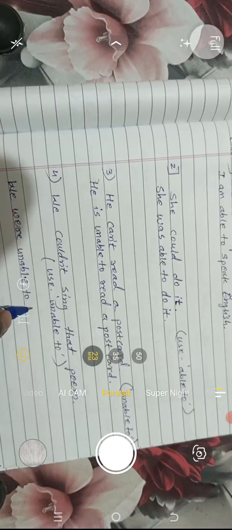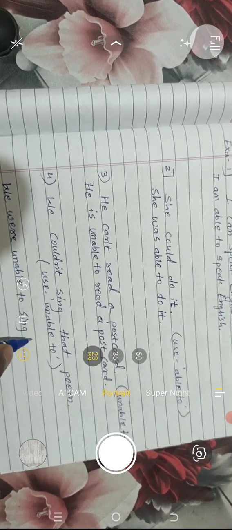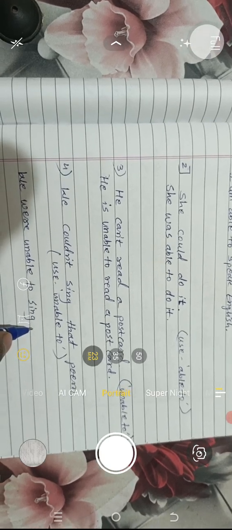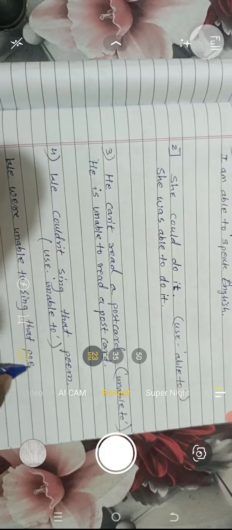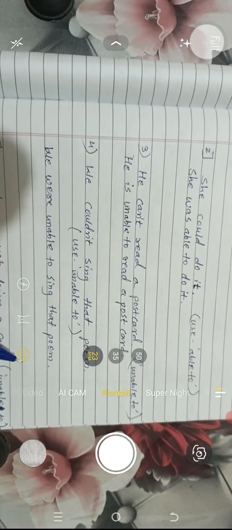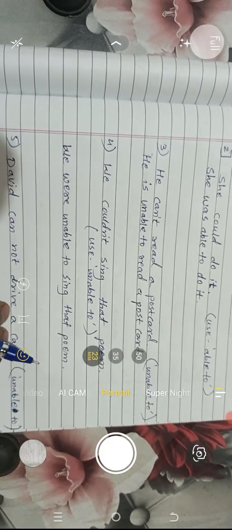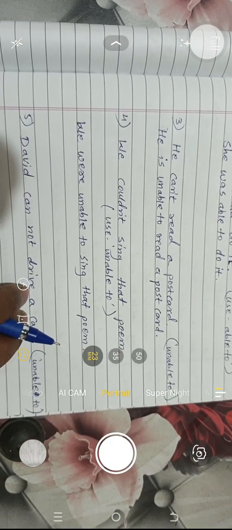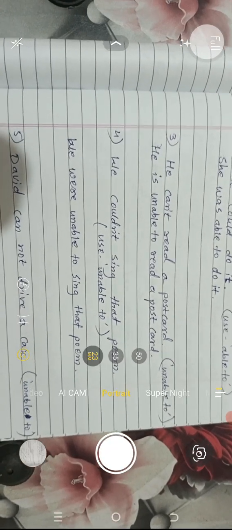We were unable to sing that song. So that poem, sorry. In this way, we were unable to sing that poem is the correct answer of this sentence.